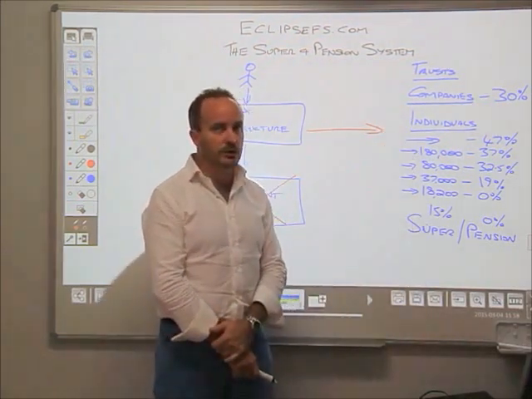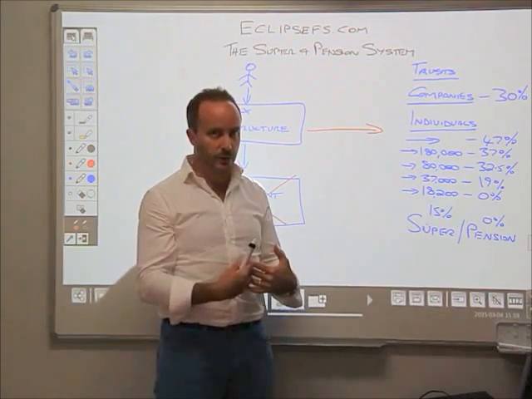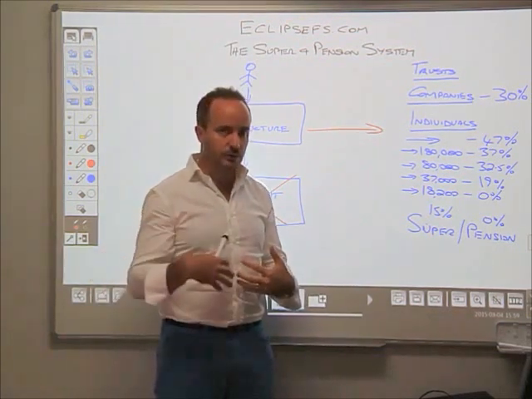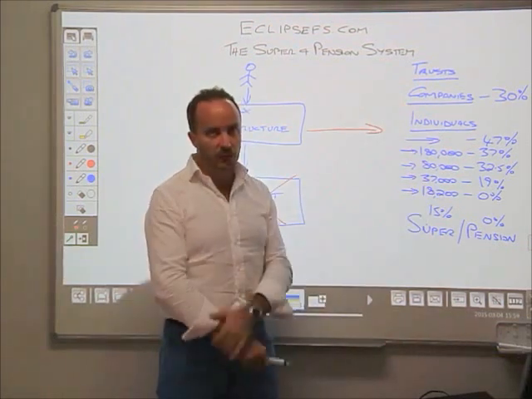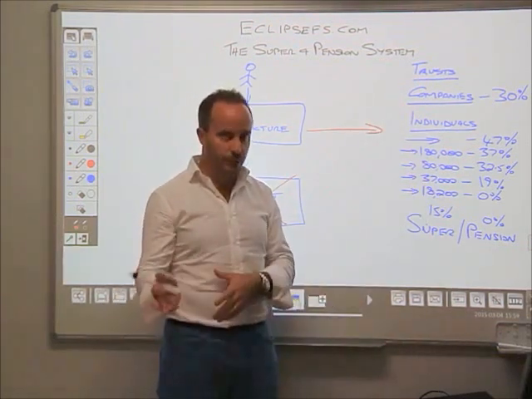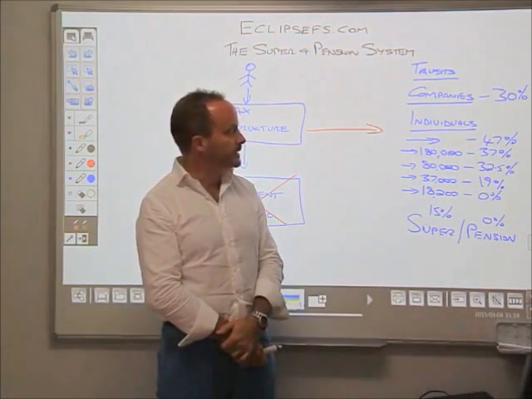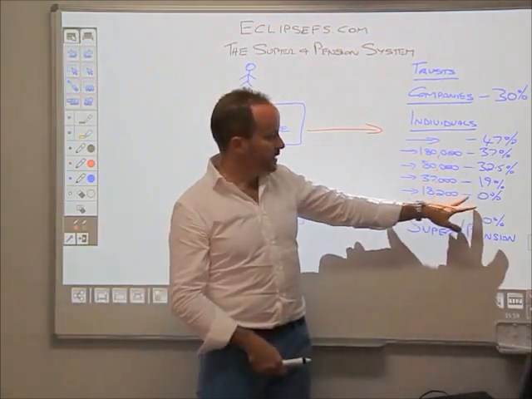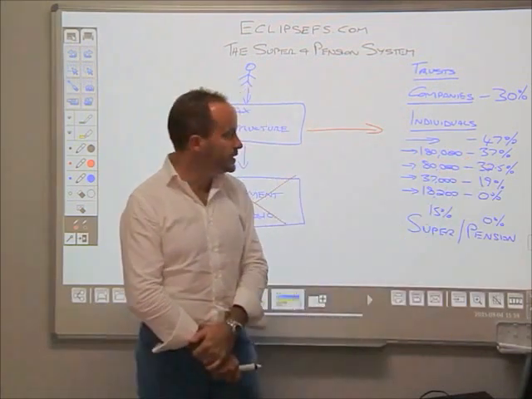Most of us are generally lodging an individual tax return, which is either wages we're earning from our employer, or a distribution of profit from our company, or dividends, if we're running our business through a company. Individuals pay tax at different brackets depending on how much your taxable income is.